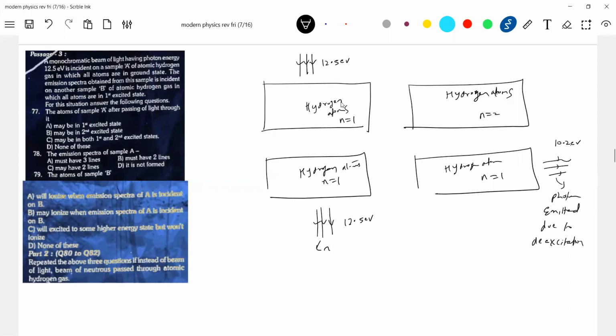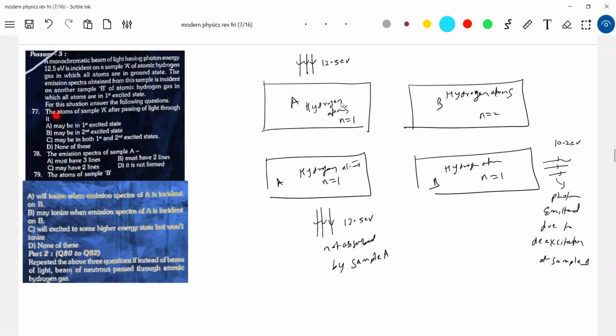They are not absorbed by sample A, sample B. Not absorbed by sample A. This is the simplest thing.